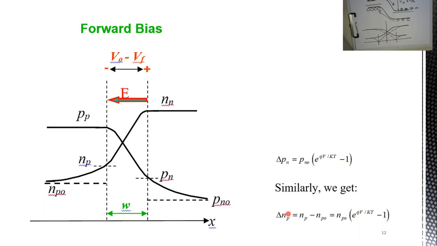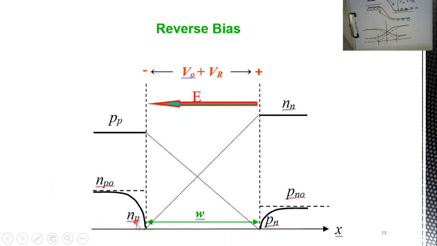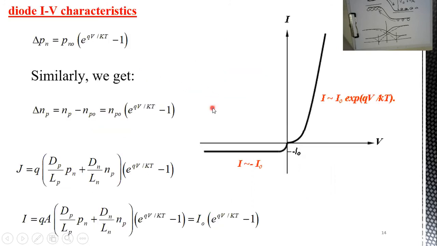You can find them in the scripts for your information. You are not obligated to remember these equations, and whenever we need any equation, it will be given in the formulation. So you don't need to memorize this equation. Okay, so this is the forward case, and inversely, this is the reverse case when the minority carriers start to decrease, as we described, when the poor man starts to give money to the rich man. So these are the two cases.